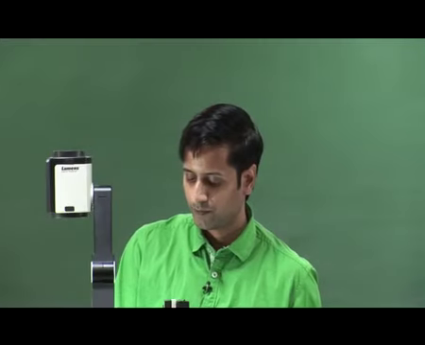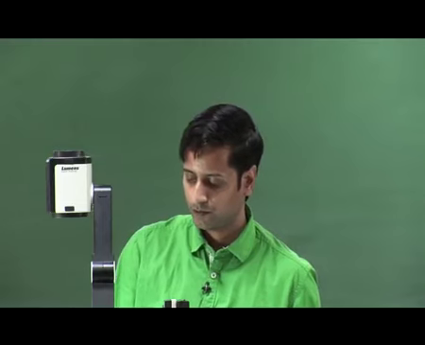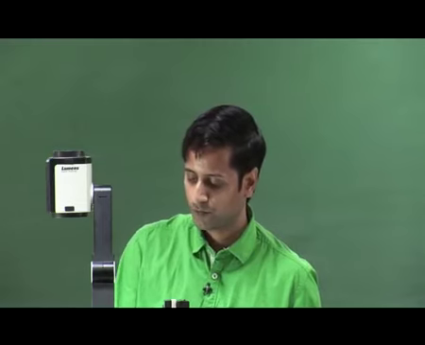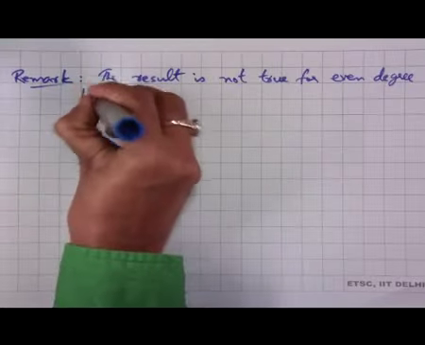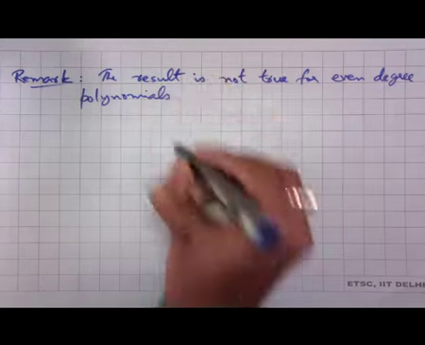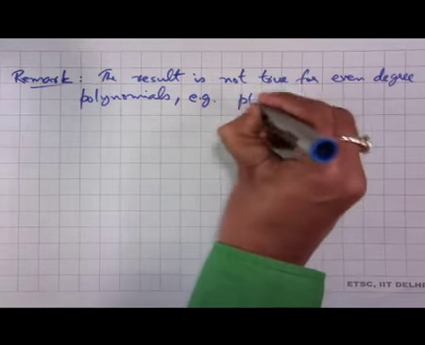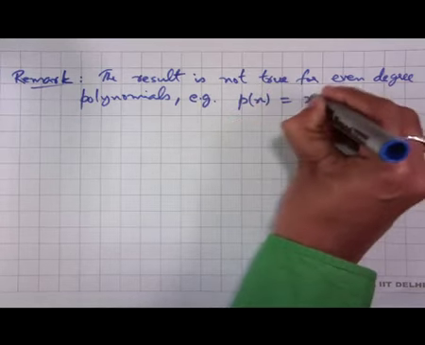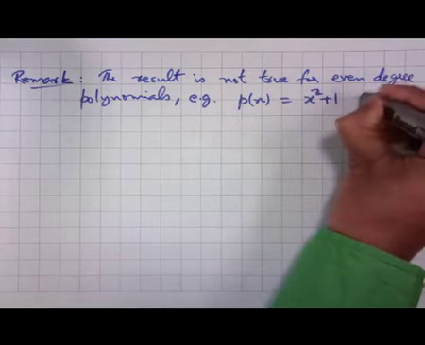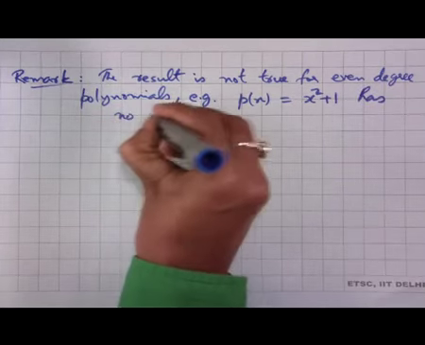Remark: the result is not true for even degree polynomials. For example, if I take p of x equal to x square plus 1, this has no real zeros.